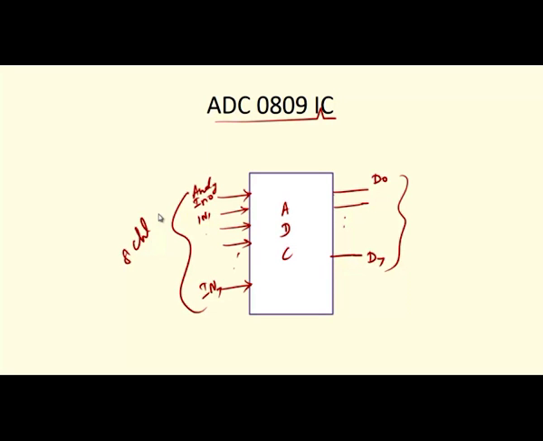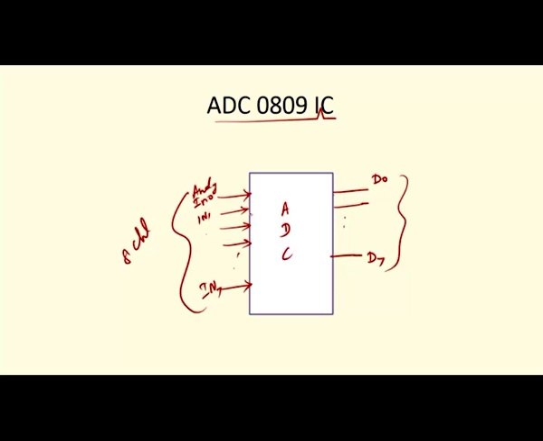Among the 8 channels, you can give your own input to any one of the channels. To know which channel is processing now, or which channel has the input, we have 3 control signals, or selection signals, which represent the bit positions.